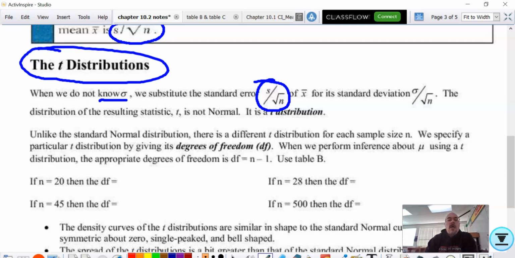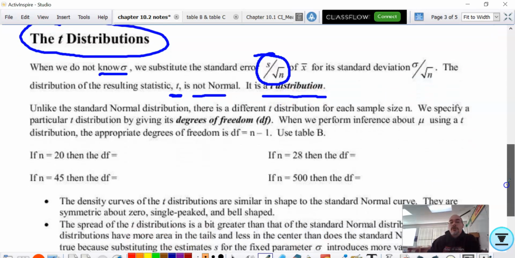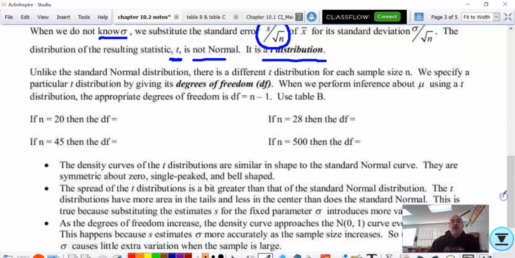The distribution of the resulting statistic t is not normal. It is a t-distribution.